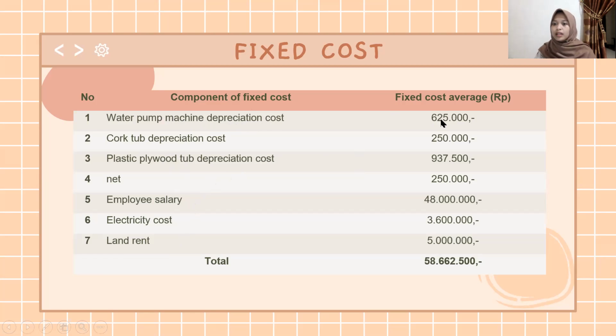With these values from the 7 components, we get the total fixed cost, which is 58 million and so on.